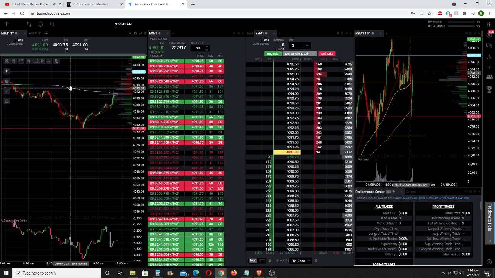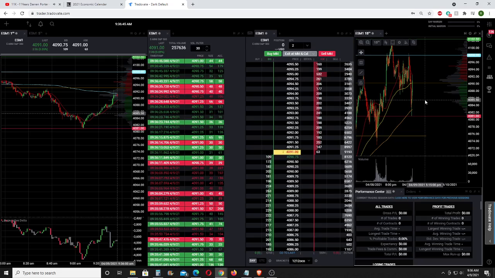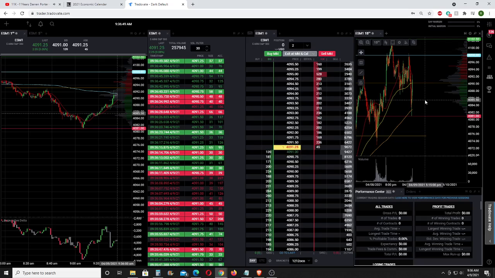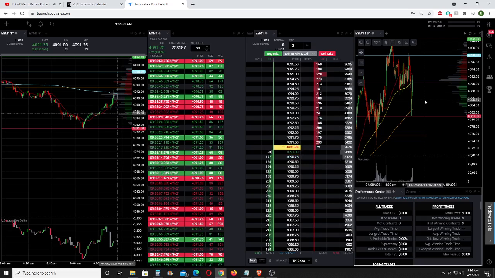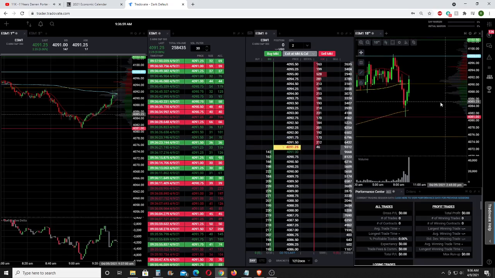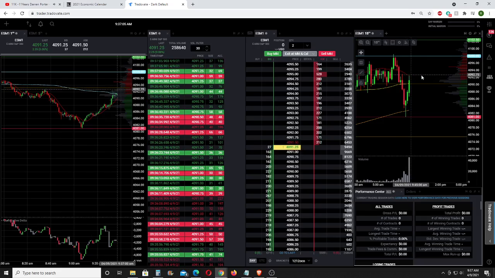It looks like at that zone, 4093. As you can see, there's also the 50 period moving average on the 15 minute acting as resistance here.